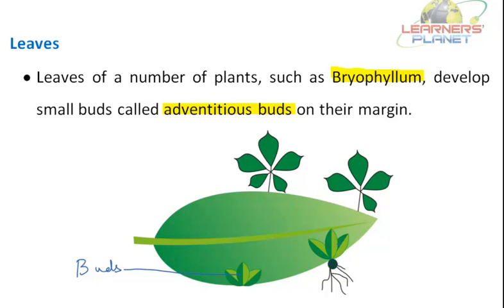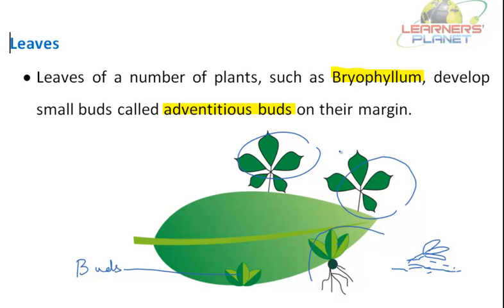So when this gets detached from the parent plant and falls on the soil, it will develop into a new plant, a new Bryophyllum plant.